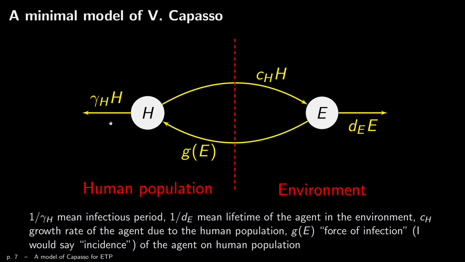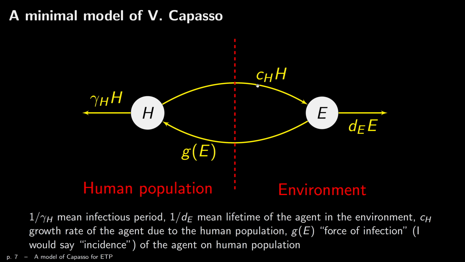Here, the same way humans can recover, gamma H is the rate of recovery from the infection. So 1 over gamma H is the average time you spend infectious. And then there are these two important components here.